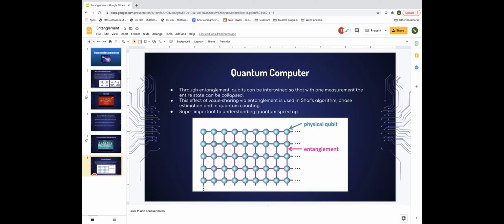Phase estimation, which is something pretty cool that we can get into later, and quantum counting, also something pretty cool we can get into later. But it's super important to understanding quantum speed up, because that is the whole beauty of quantum computing. With normal classical bits, you have singular bits that don't really interact with each other.